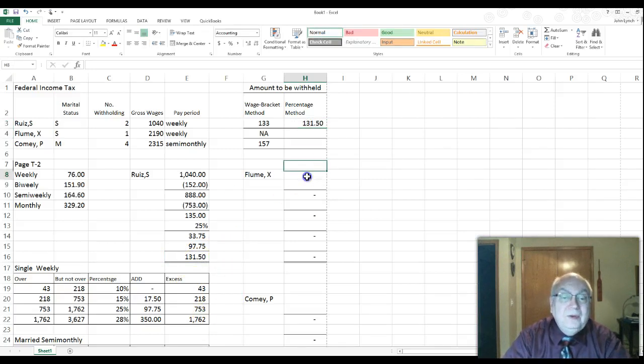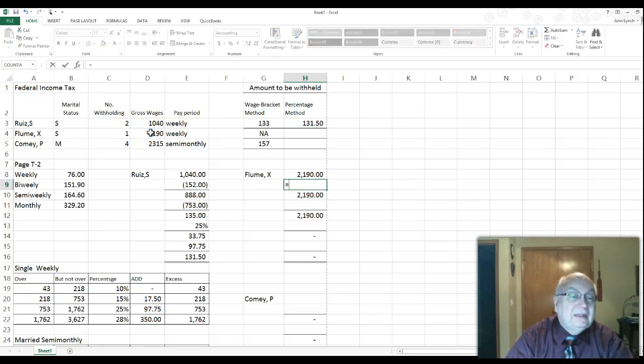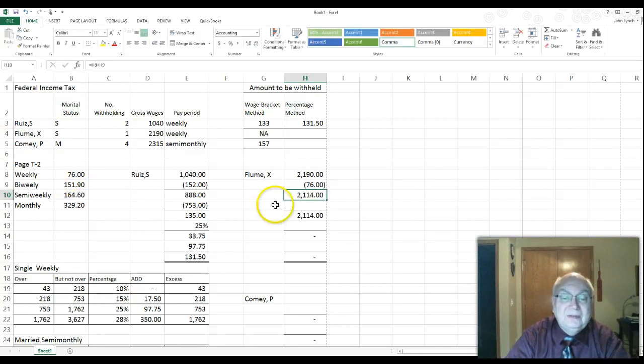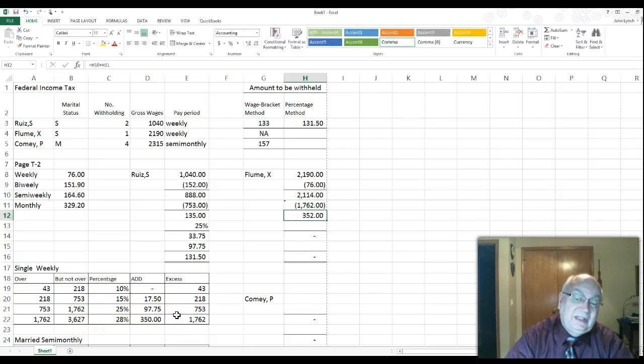Okay. The next one, the gross wages was $21.90. Single, so we just subtract off the $76. Now we look at what amount that falls into. Well, that's this category here. So we subtract off the $17.62 for that, gives us $352.